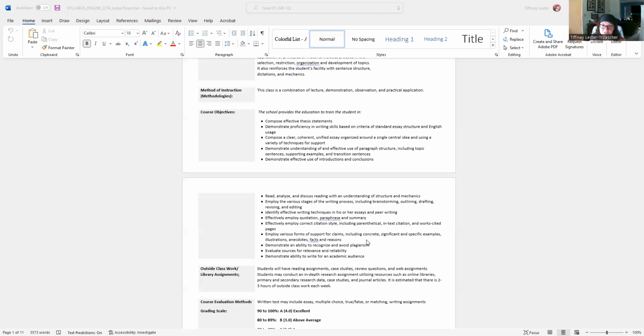the research component, knowing what APA format is, how to use it, how to find good sources, how to effectively use information from those sources. What information should I use from each source? How do I incorporate that information? Should I summarize it? Should I paraphrase it?